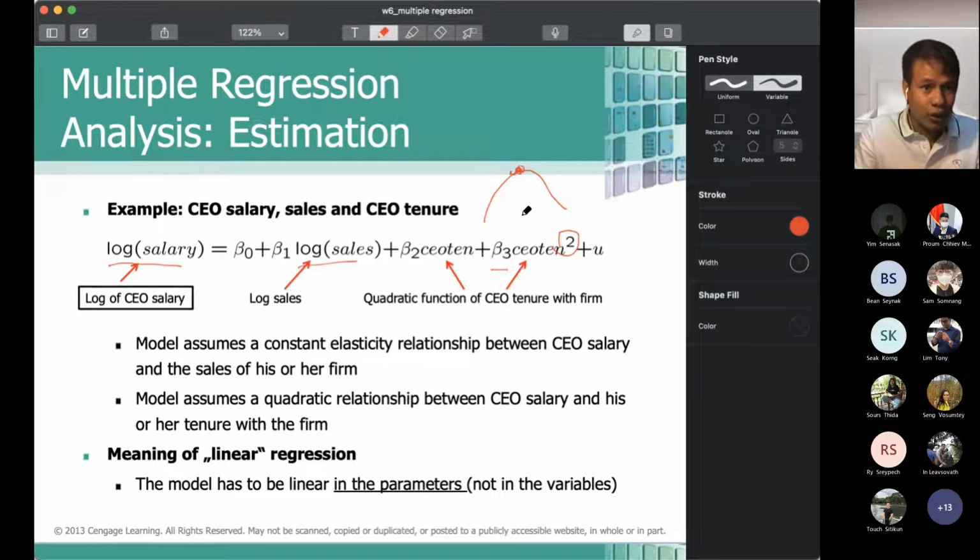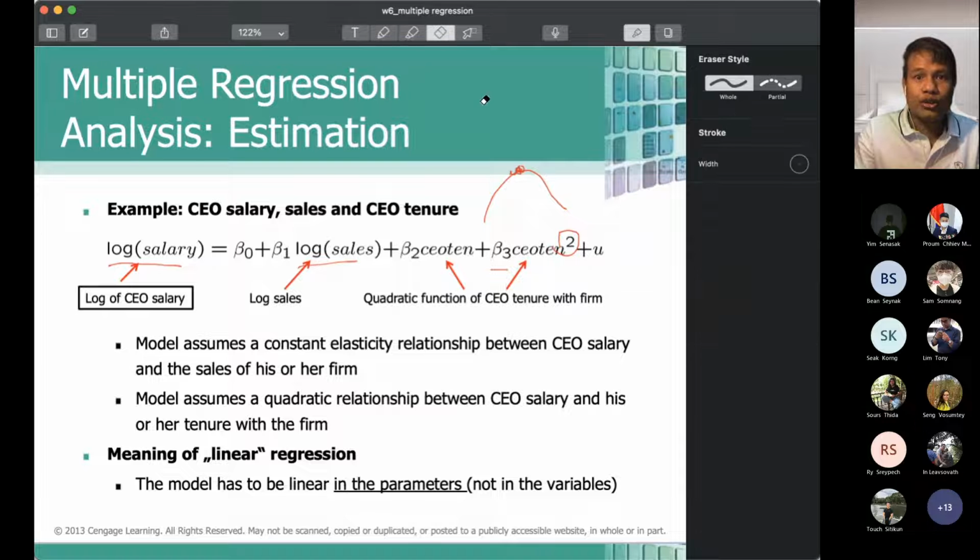When you do your reading based on your research question and objective, you will learn which papers use quadratic functional form or other forms as well. But again, our illustration here is to tell you that multiple regression allows you to use more flexible functional forms. In this example, you can use quadratic functional form.